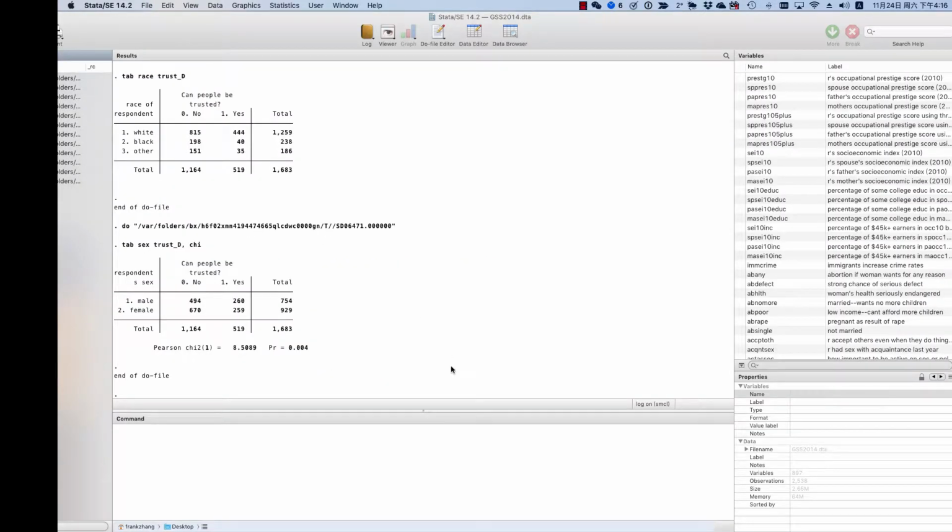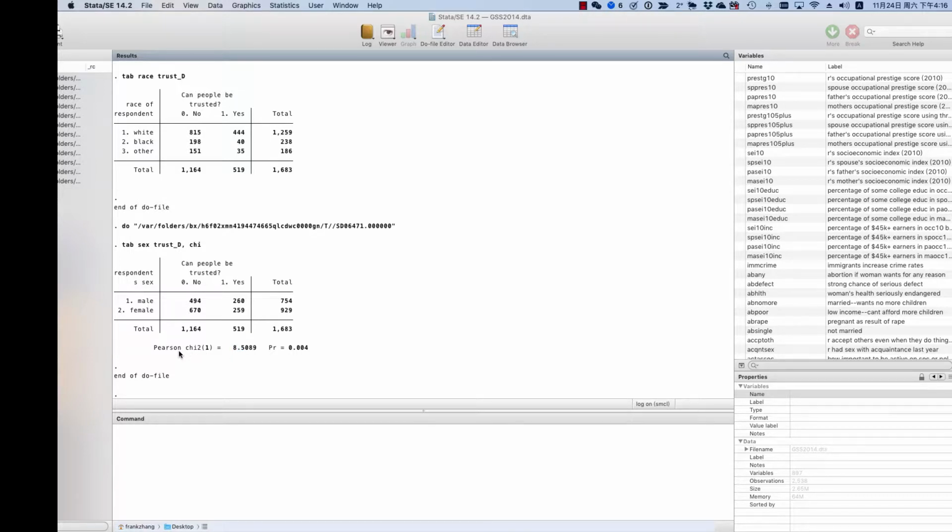In the output, we have the same cross-tabulation, totally 1683 cases. And below this cross-tabulation, we have something called Pearson chi2, which means chi-square, followed by 1 in the pair of parentheses, equals 8.5089.